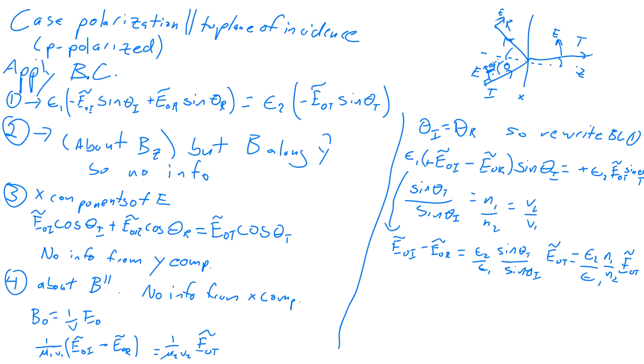But we can actually say something about these indices of refraction too. So just remember, n is equal to c over v. Another way to write that is c is 1 over the square root of mu naught epsilon naught, and v is 1 over the square root of mu epsilon. So because in the denominator we get mu epsilon, in the numerator, and then still divided by mu naught epsilon naught, like that, right?